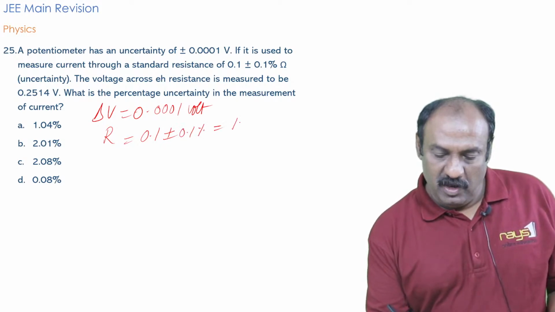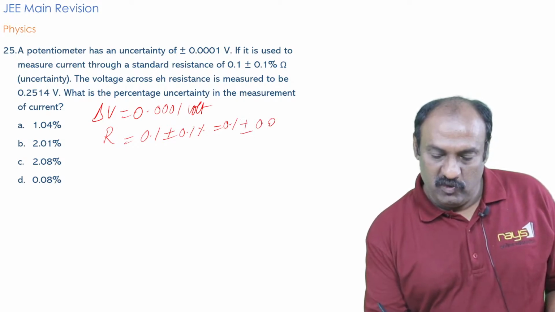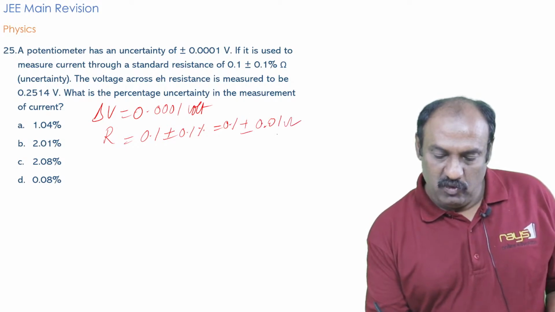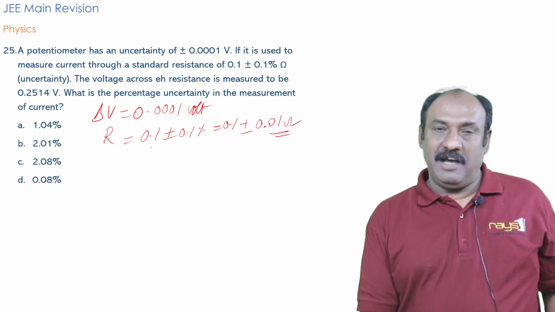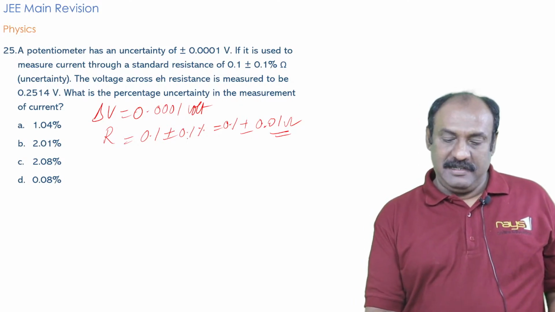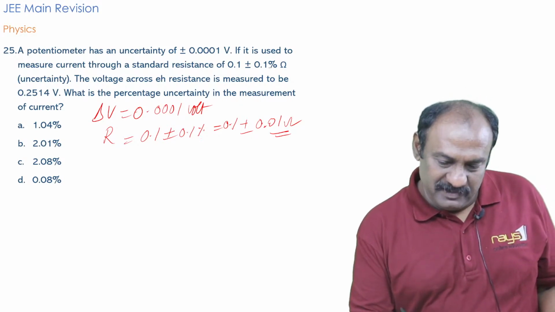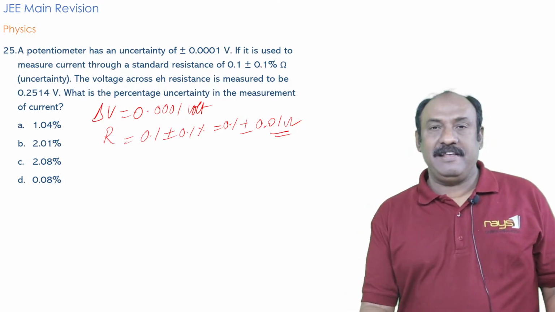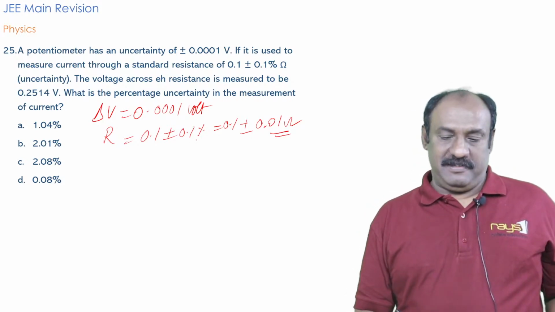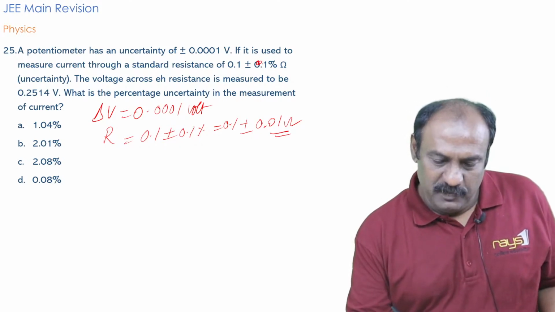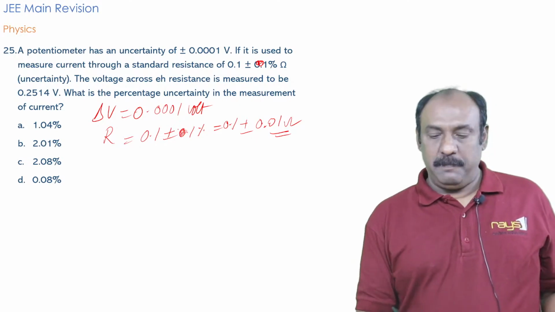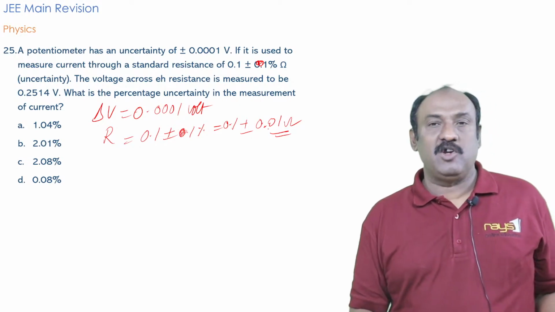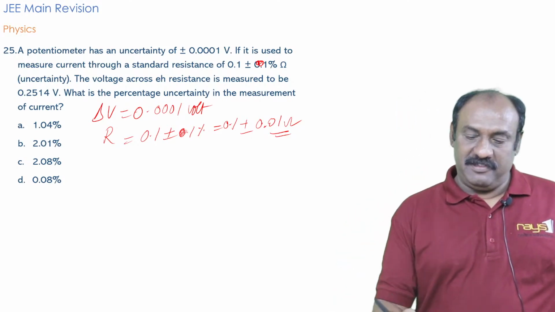Sorry, not 0.1%, it is 1%. Then 0.1 by 100, that is 0.01 ohm is the error in the measurement of resistance.